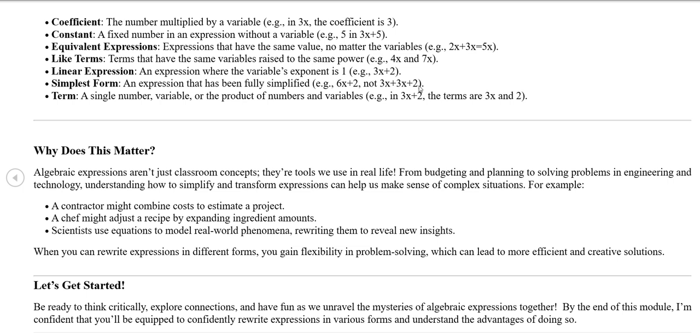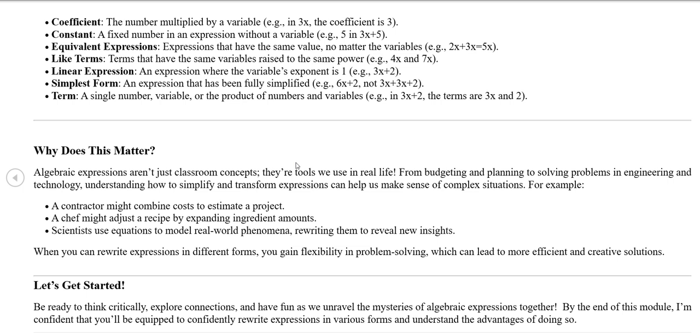All right, so why does this matter? Algebraic expressions are tools that we're going to use in real life. We can use them when we talk about budgeting and planning. If you're solving problems, you're definitely going to want to know how to simplify and transform expressions so that you can make sense of situations that might otherwise seem complex or challenging.